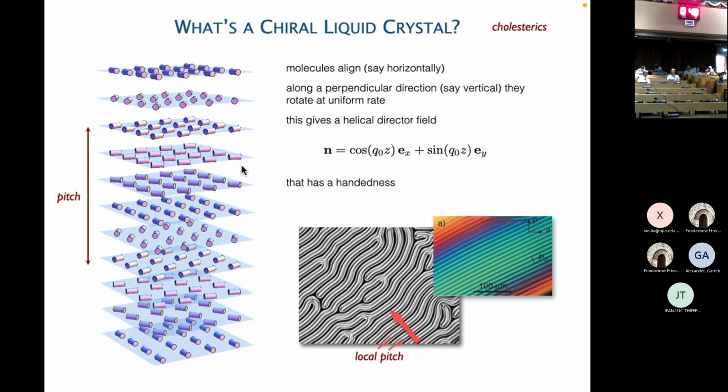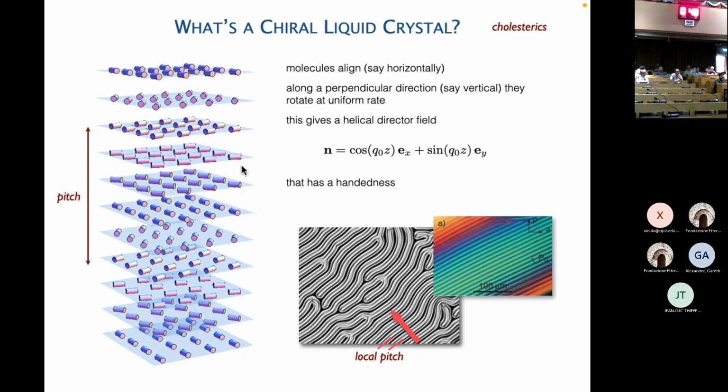The idea in terms of this picture on the left is that I have alignment of the molecules at any particular location. So let's say, as indicated, that everything points horizontally. And at any given height, everything is all pointing in the same direction.